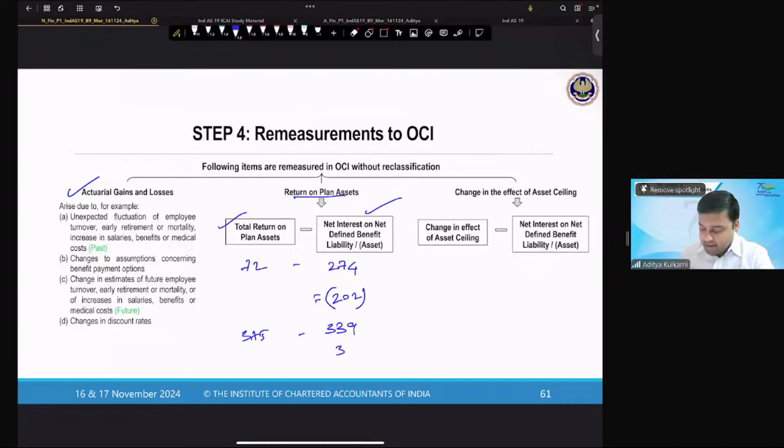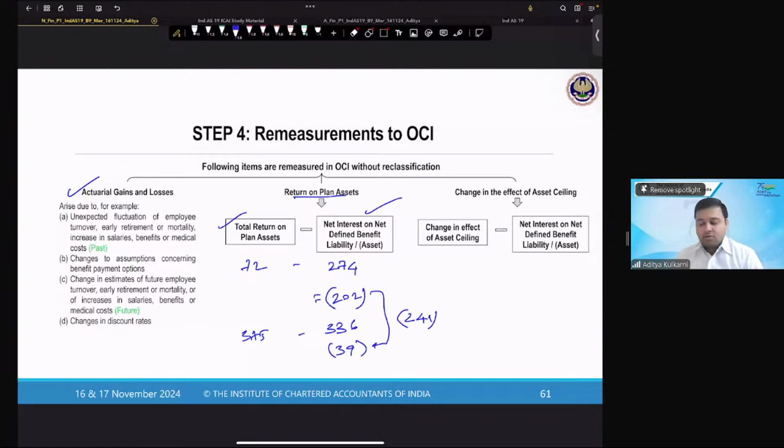So the remaining 39 came out of that. So these two put together, 241 became your net return, which is on account of change in actuarial assumption. So that goes and sits in your other comprehensive income.